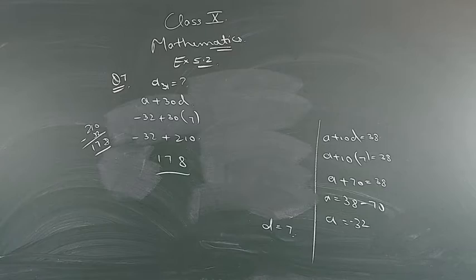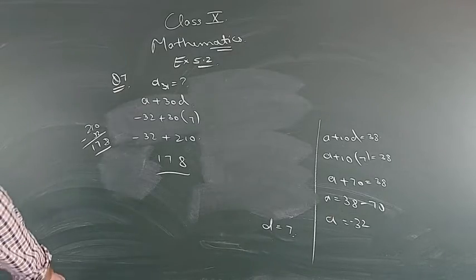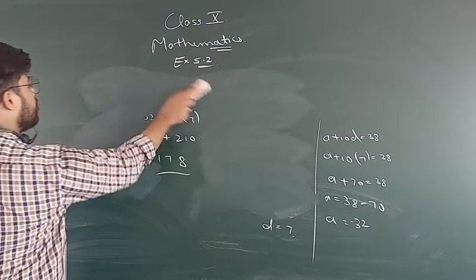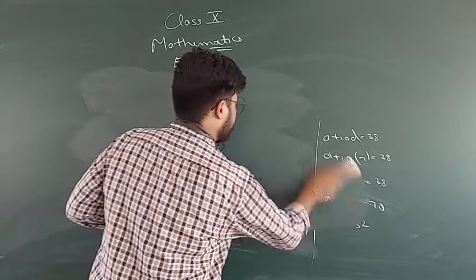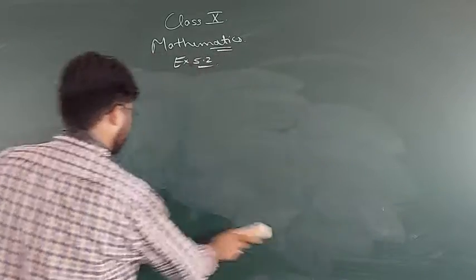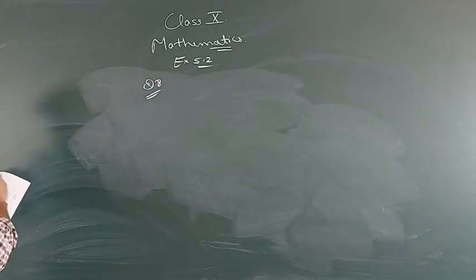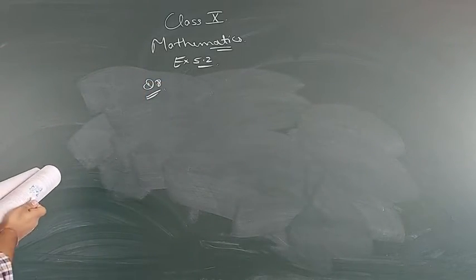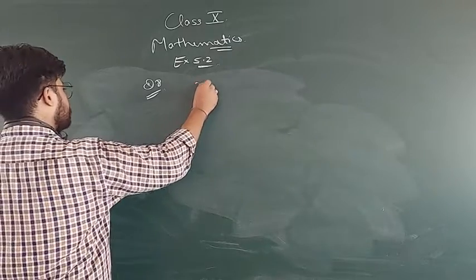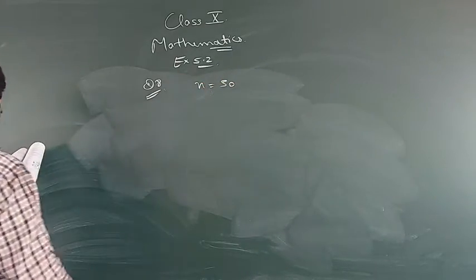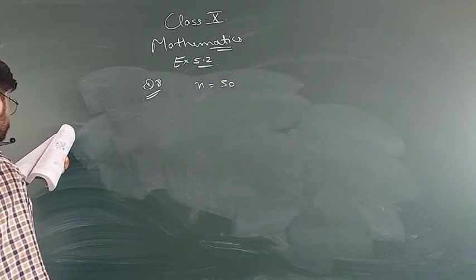And question number 8. An AP consists of 50 terms, meaning the total terms are 50, in which the third term is 12.